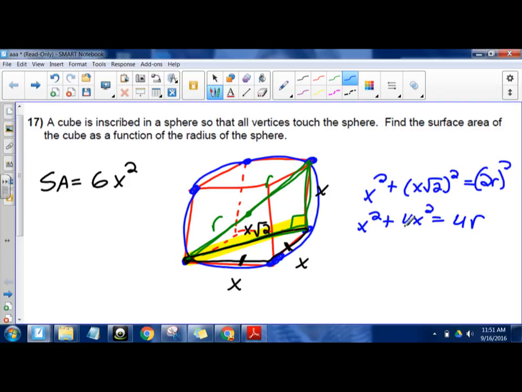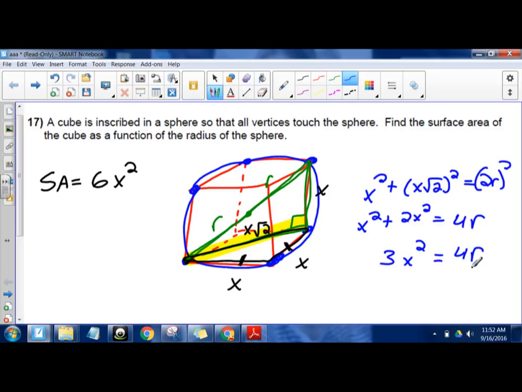So we've got x squared plus 2x squared, which is 3x squared, equals 4r squared.